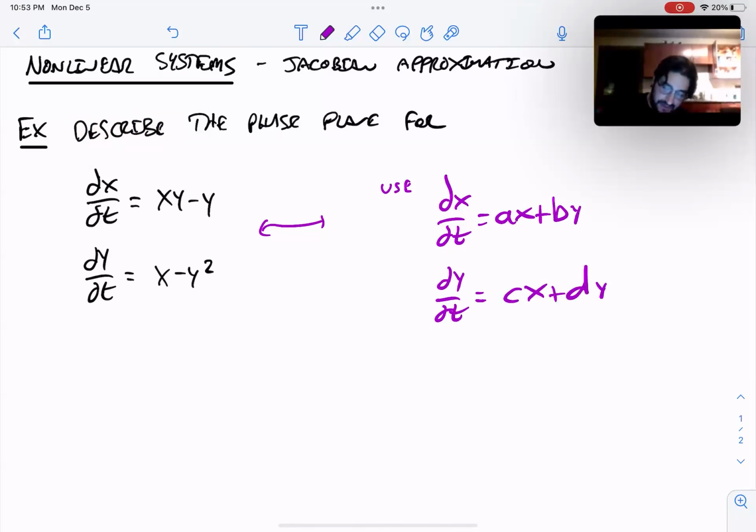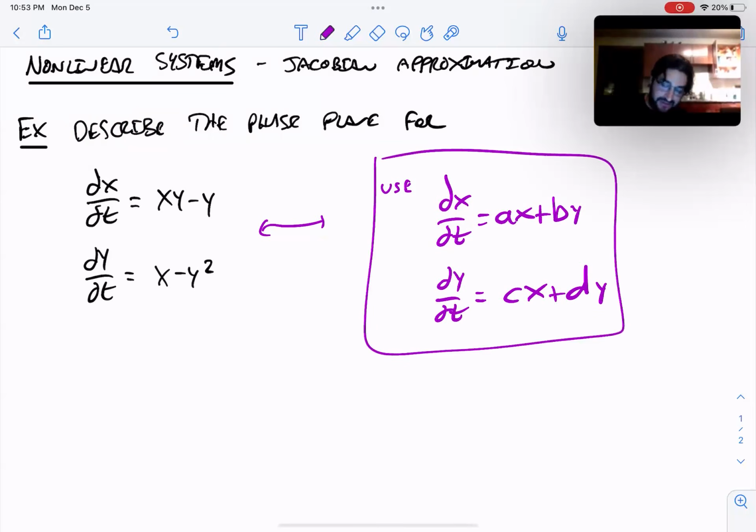We really want to use systems that look like that to understand, because those we can actually solve by eigenvalues. These linear, homogeneous systems, we can actually solve. So if we can use our knowledge of these to learn something about these nonlinear systems, that's going to be the key, right?